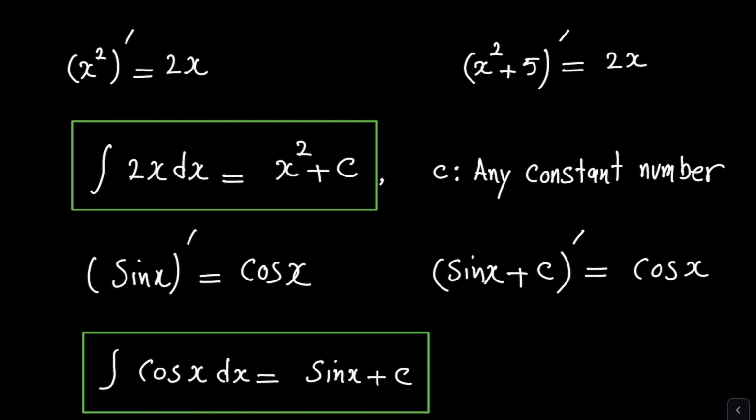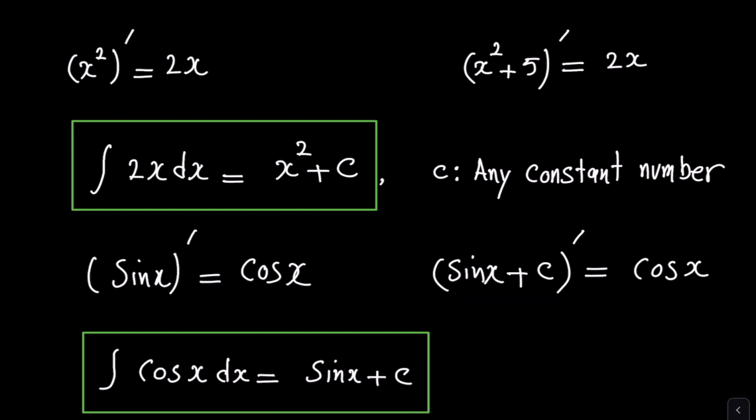Now, if you're looking for an antiderivative for cosine, which means a function whose derivative is cosine, one such function is sine, because the derivative of sine is simply cosine. And you know that we can add any constant to sine. So the derivative of sine x plus any constant is going to be cosine.